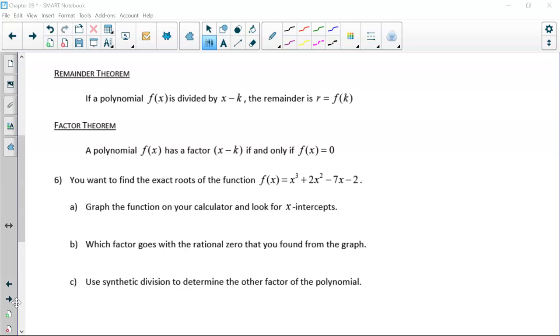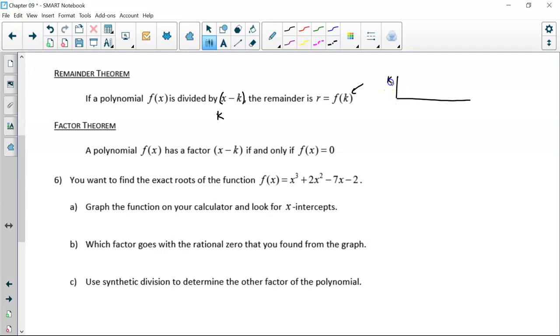Now, the first thing we have is what's called the remainder theorem. The remainder theorem says if a polynomial is divided by the factor x minus k, which means that k is the number on the outside, the remainder of that is the value of the function when evaluated at k.